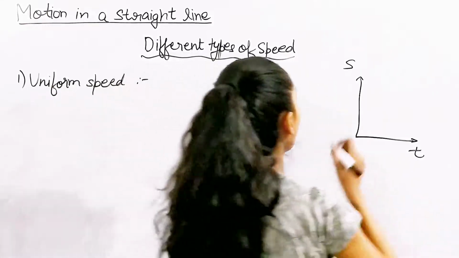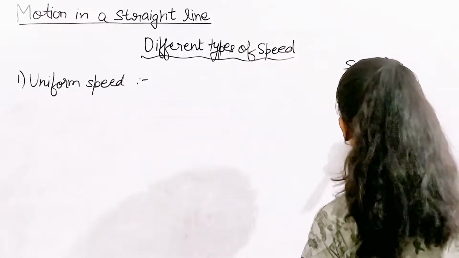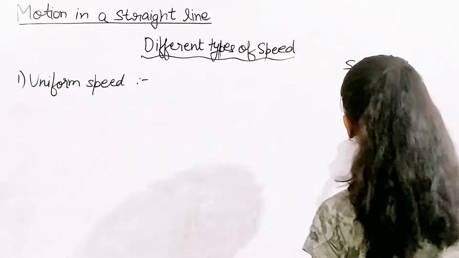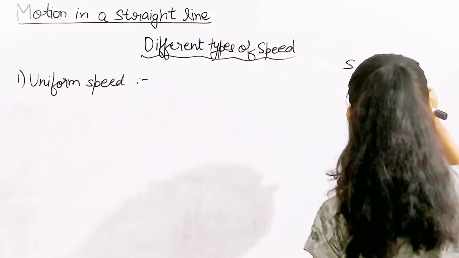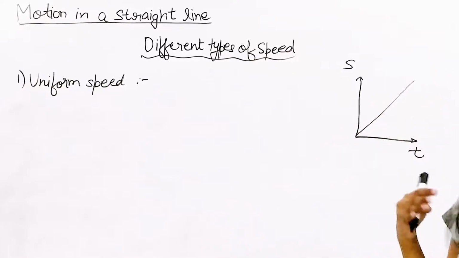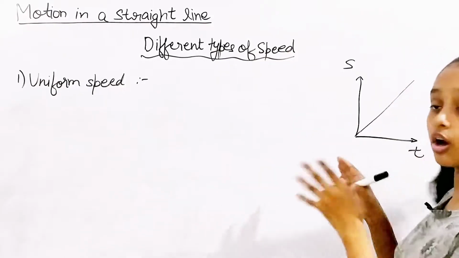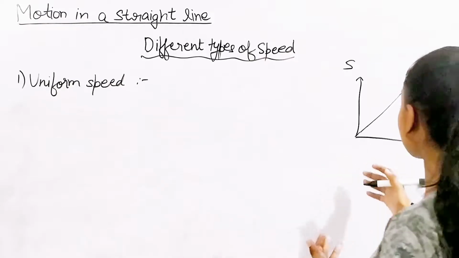Okay, that's clear. So if I say a body is moving like here, just going straight like this way, what am I saying from this graph? What can you see here?